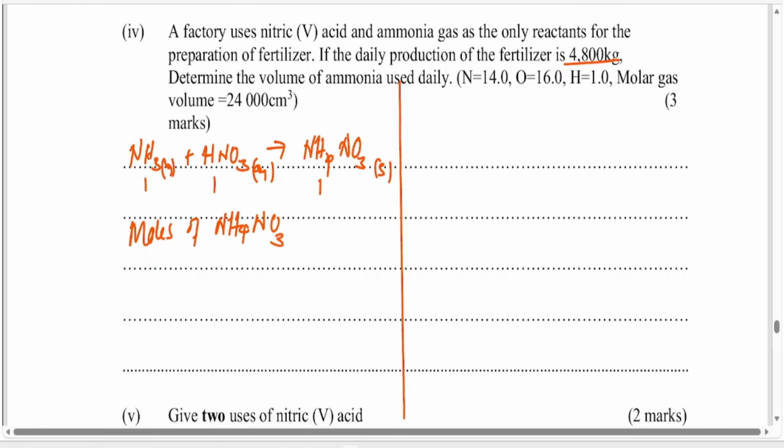I start by working out the RFM of ammonium nitrate, which is given by 14 times 2, because nitrogens were 2, plus 1 times 4, plus 16 times 3.